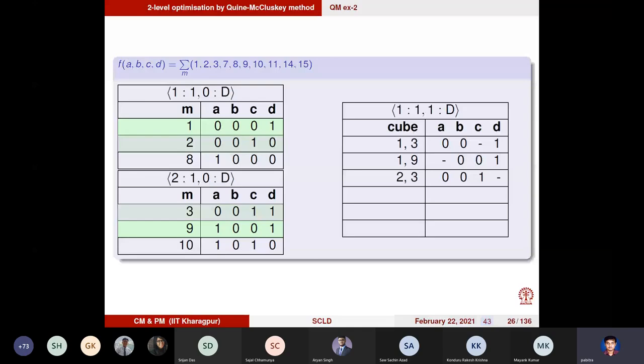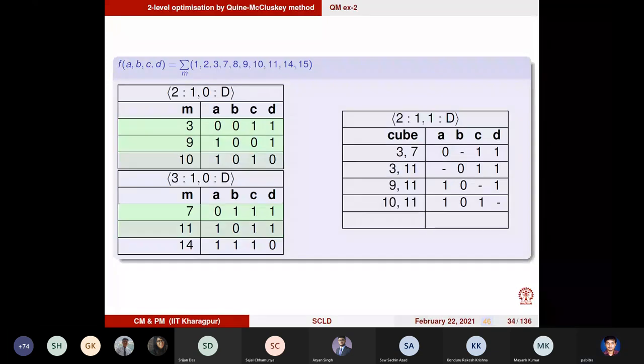The rule of combination is that they should differ in only one position, and the position where they differ, I replace with a dash. 10 and 14 combine.